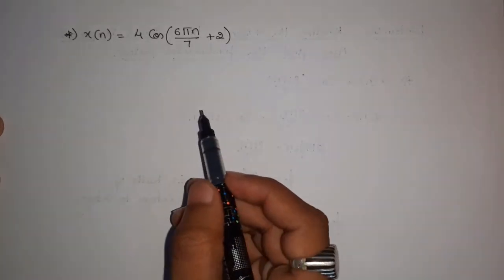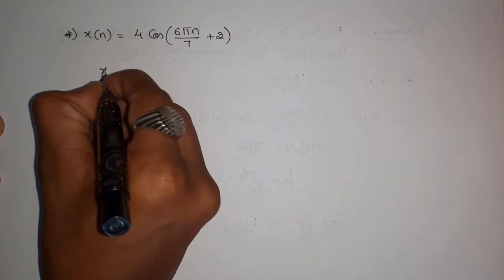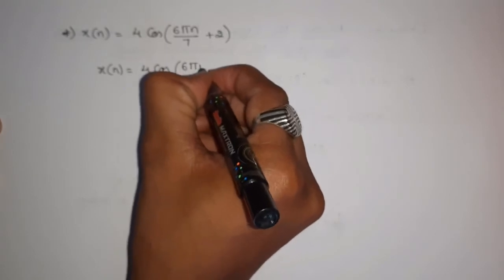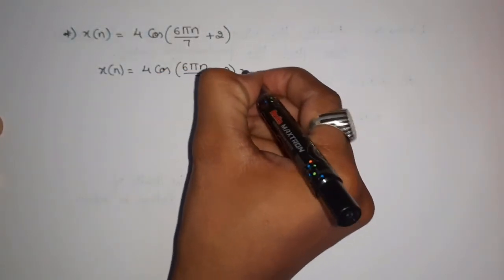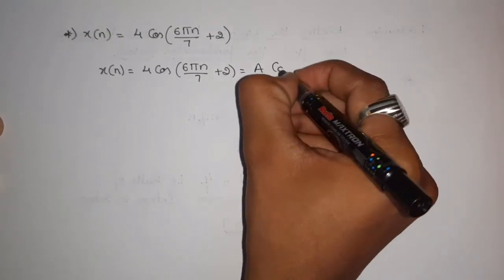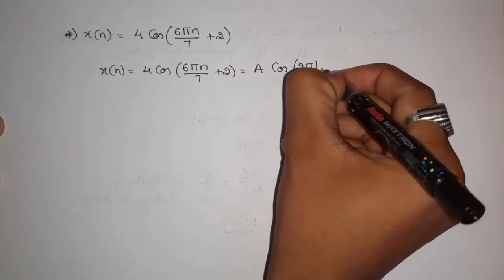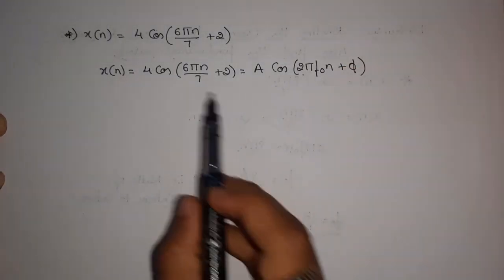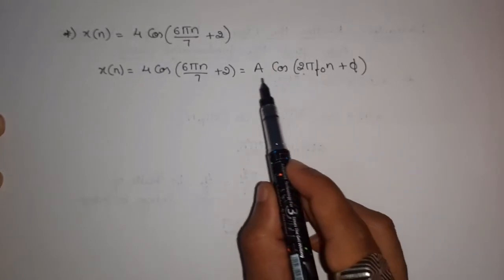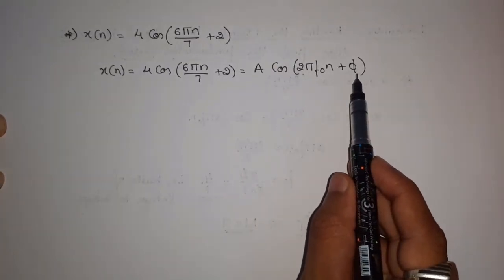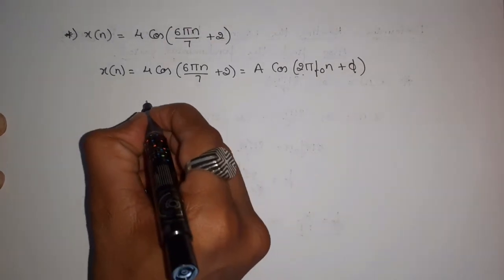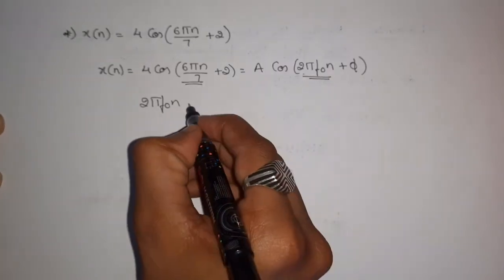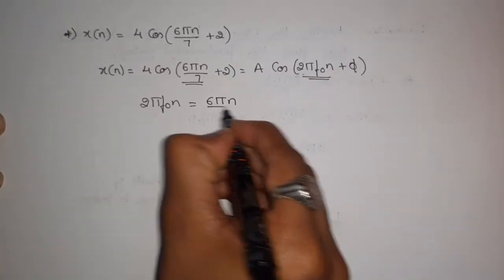Now we can compare the given signal x of n is equal to 4 cos 6 pi n by 7 plus 2 to our fundamental equation A cos 2 pi f naught n plus phi. Comparing these two, we can write 2 pi f naught n is equal to 6 pi n by 7.